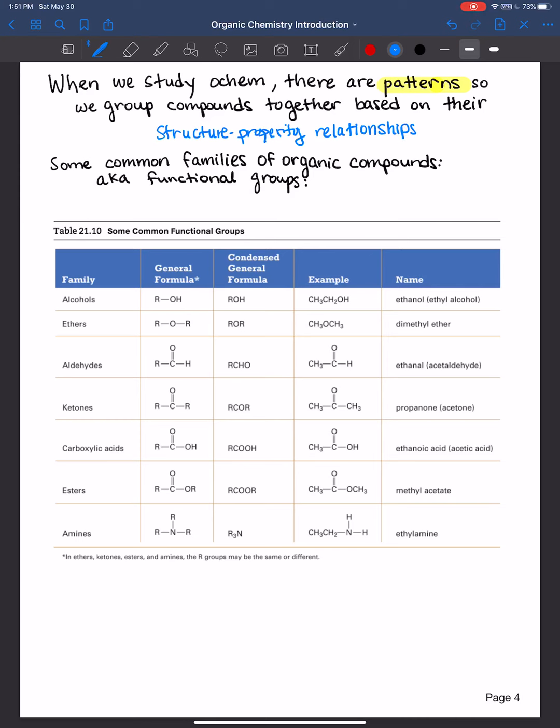And some common families of organic groups are called functional groups. And basically, a functional group is a characteristic atom or group of atoms that are inserted into a hydrocarbon.